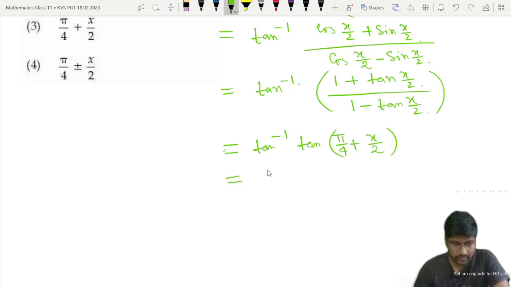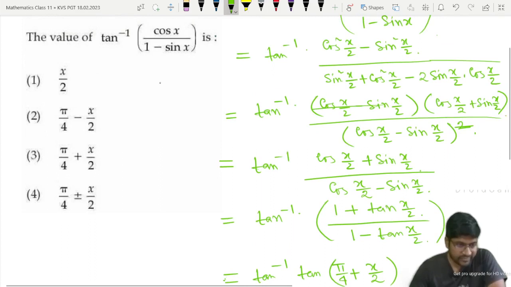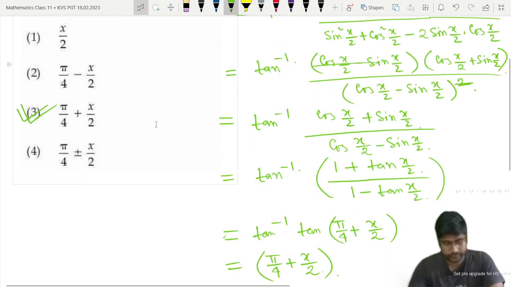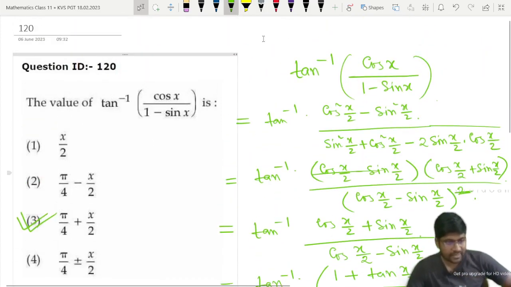Now this is simply pi by 4 plus x by 2, because tan inverse of tan theta is equal to theta. So that is the reason. So which option? Pi by 4 plus x by 2, option 3. Here I can see option 3 is the correct answer, pi by 4 plus x by 2. So this was question number 120.